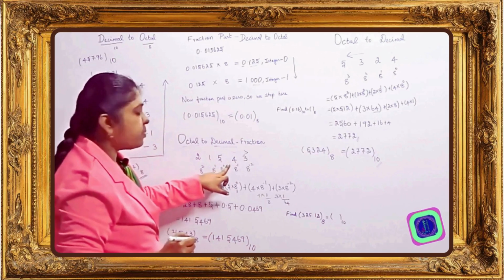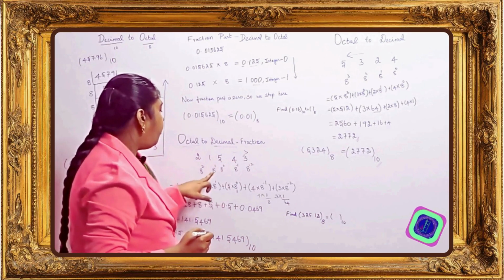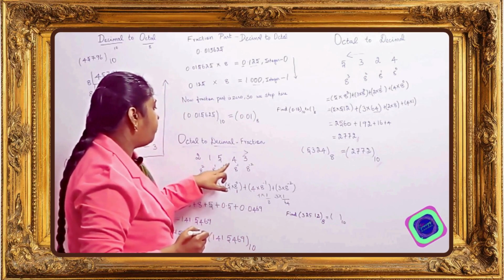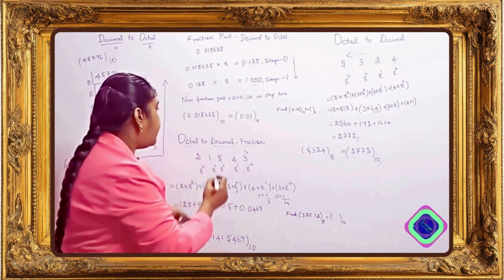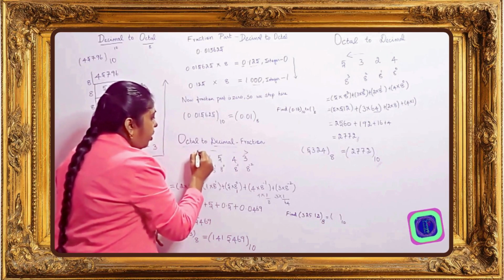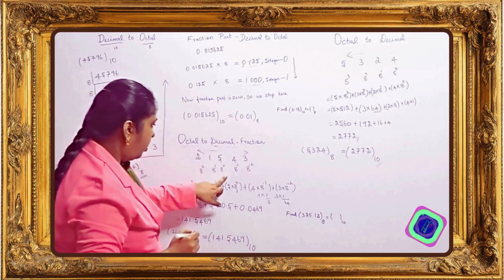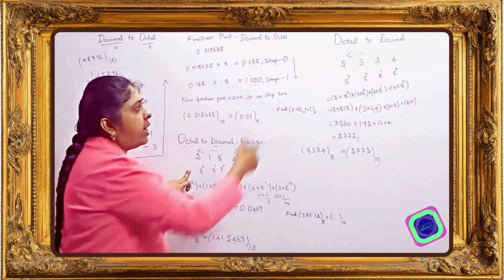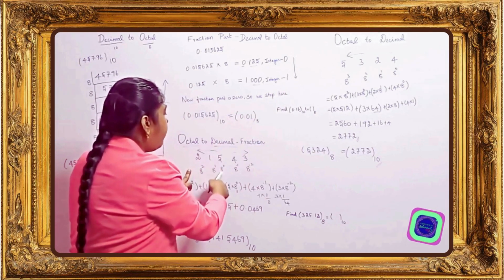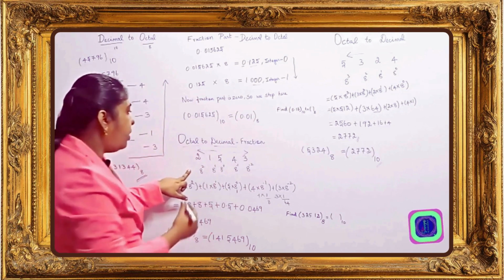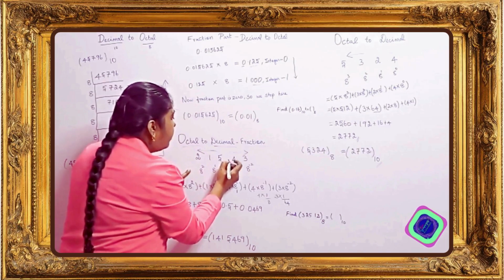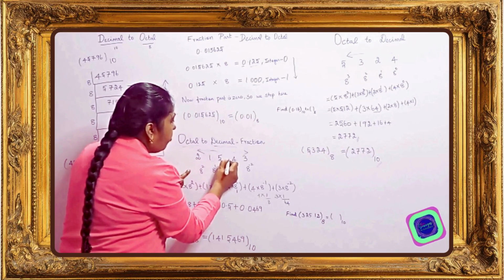So when considering this, for 215 we have 8 power 0 from the right to the left for the integer value, as considered in example 1. For 5, 8 power 0, for 1, 8 power 1, for 2, 8 power 2. Here we are having a decimal point.